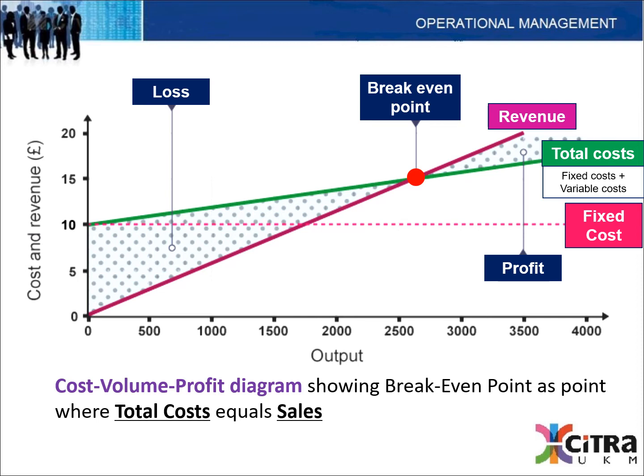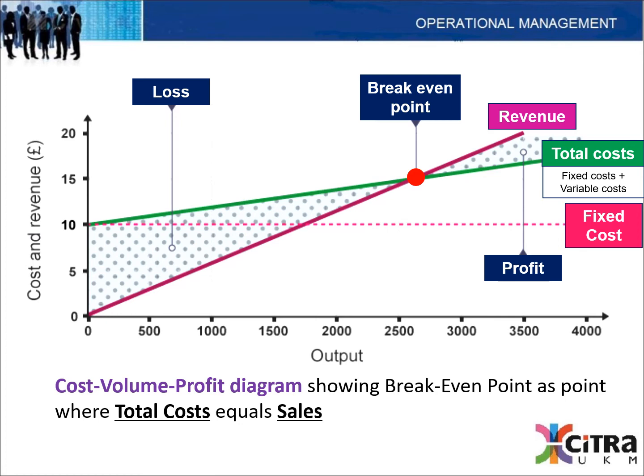From this graph you can also see how you know whether your business is facing a loss, or whether it makes enough profit. The green line is the total cost. The total cost includes the fixed cost and the variable cost.